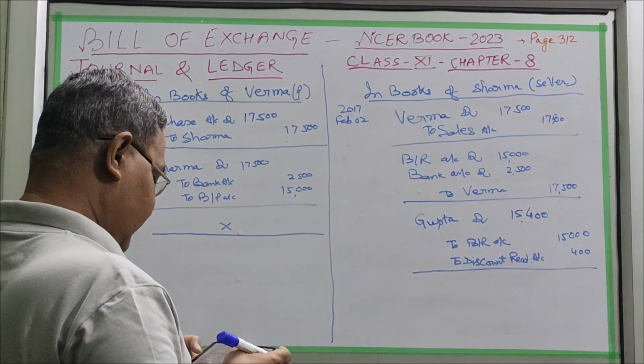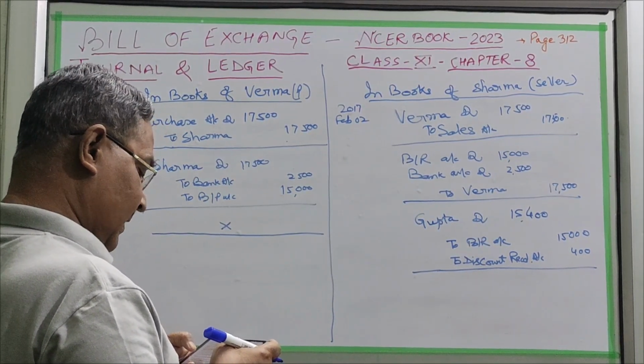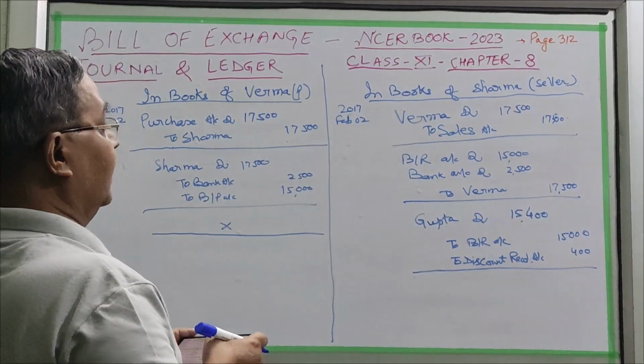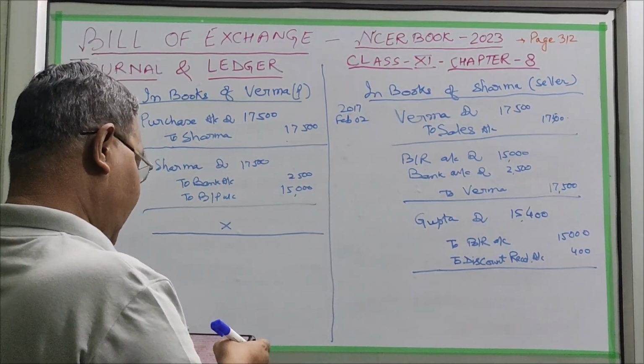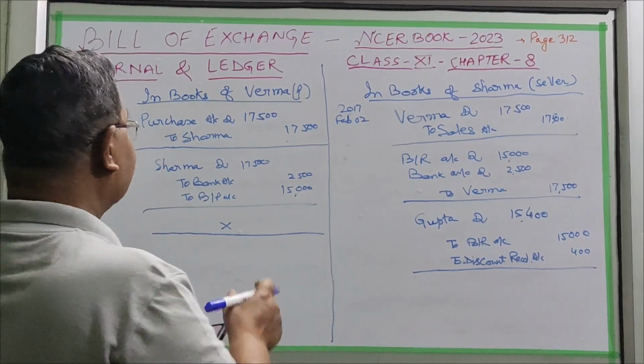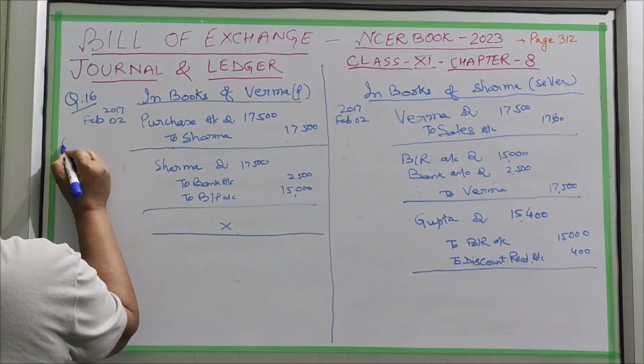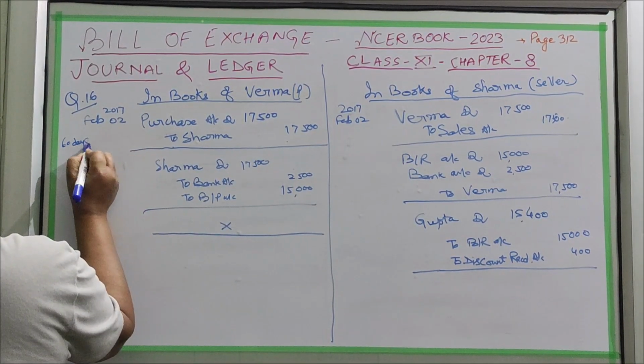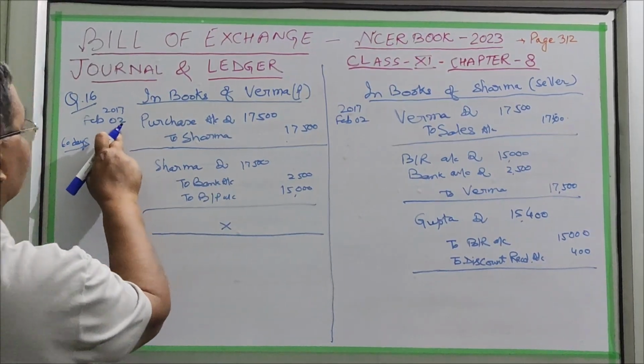Now Gupta bill to Verma, which later dishonored. On the due date, the bill was dishonored. The bill is of 60 days, so we have to add days to it.